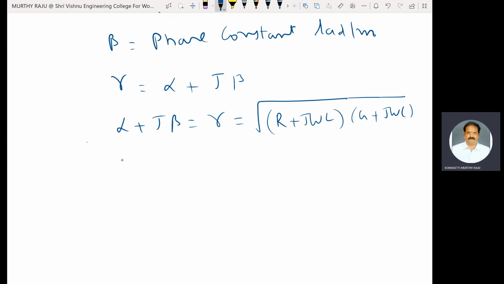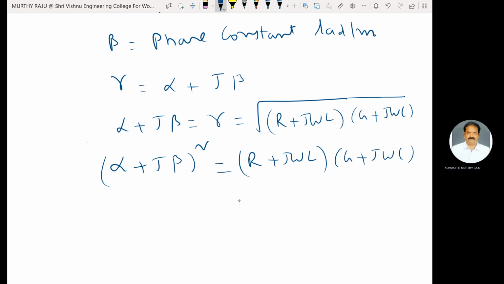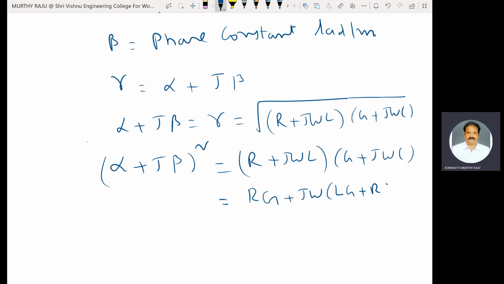Squaring on both sides, (alpha plus j beta) whole square is equal to (R plus j omega L) into (G plus j omega C). That is equal to RG plus j omega LG plus j omega RC minus omega square LC.